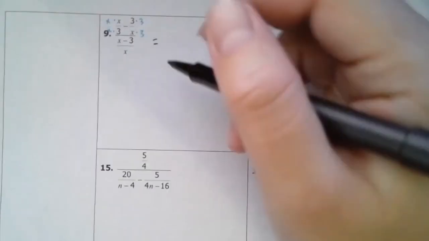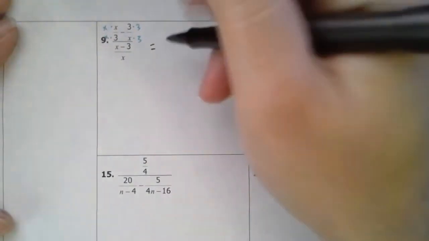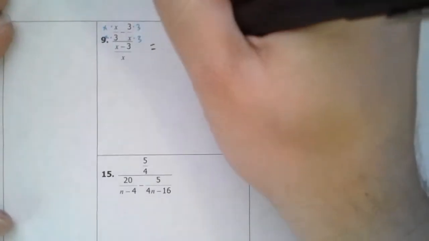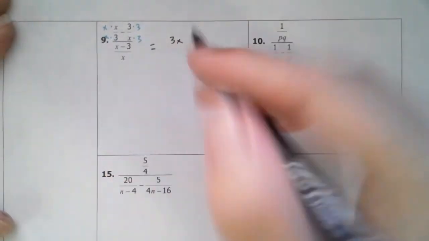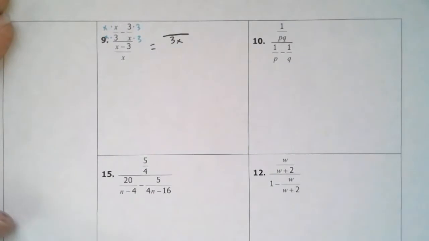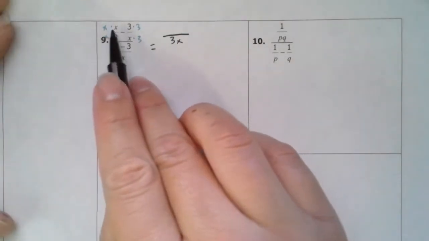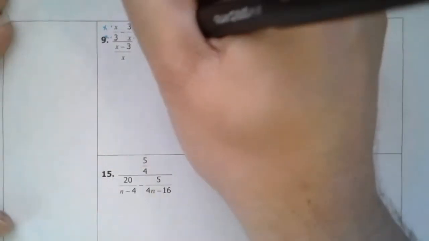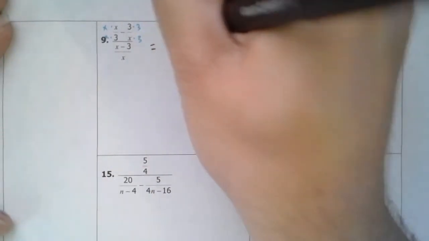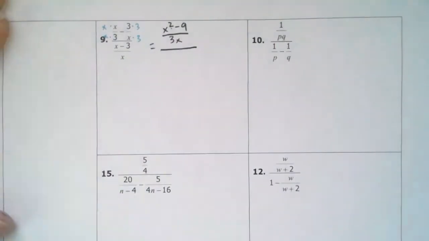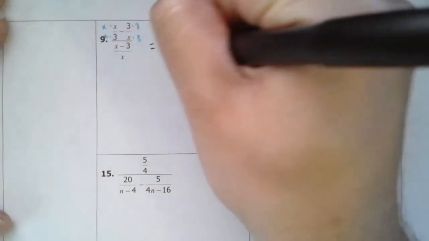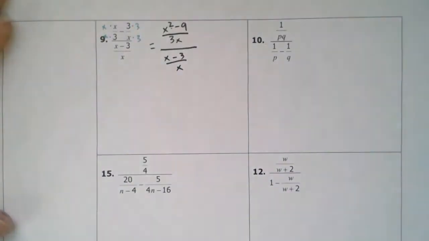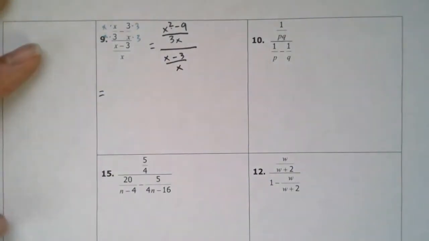So, I get, let's see, the denominator becomes 3x. I'm subtracting, right? And both denominators become 3x. The top is x squared, and then here I get 9, so x squared minus 9, over, and then the denominator is nothing I can do there, so (x minus 3) over x. Now I can go about this one like I did with the others.